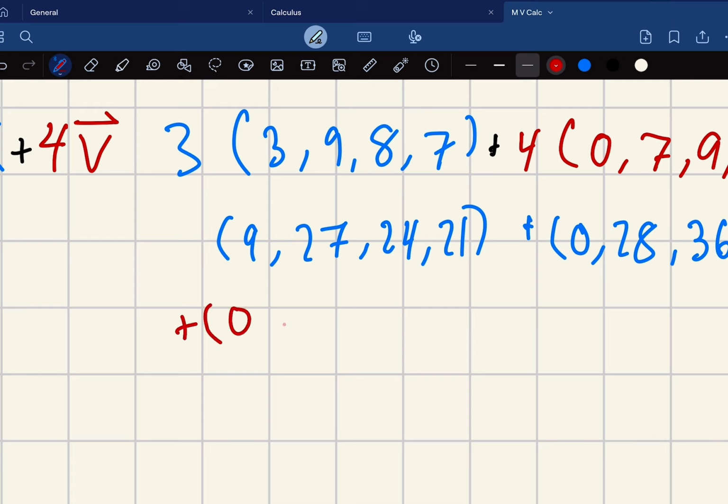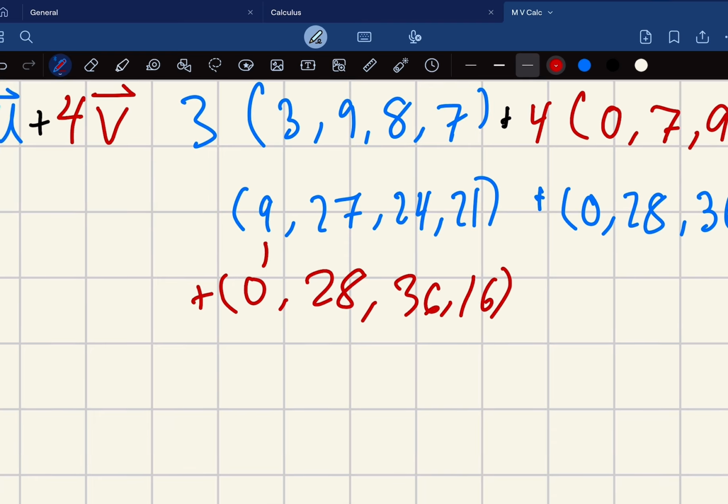Now we add them again. And we just add downwards.